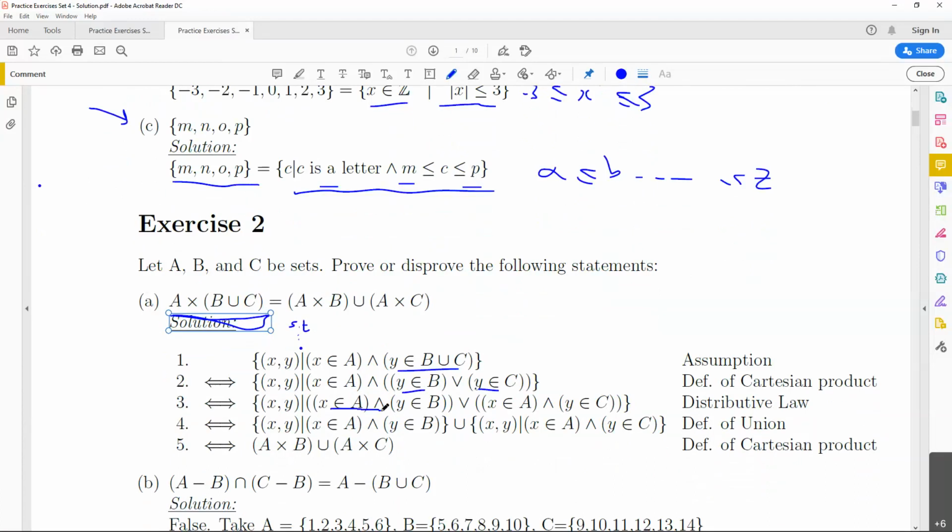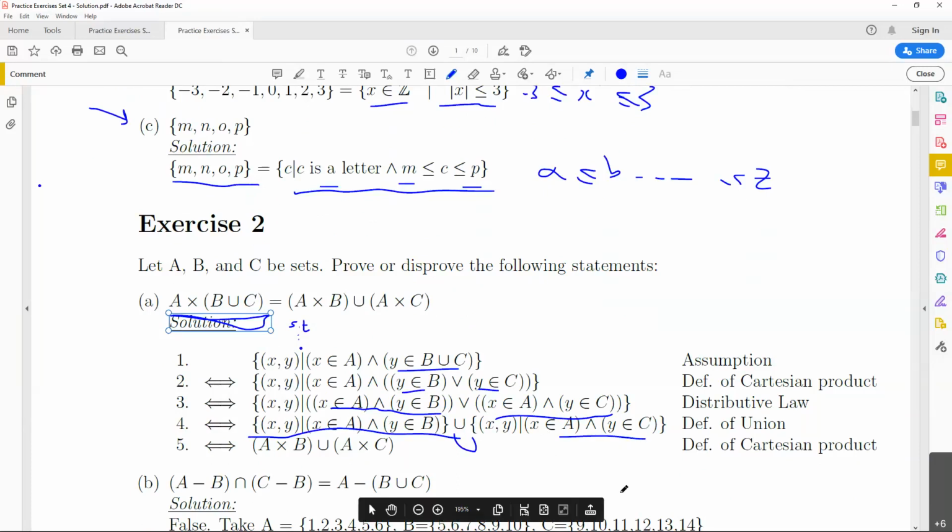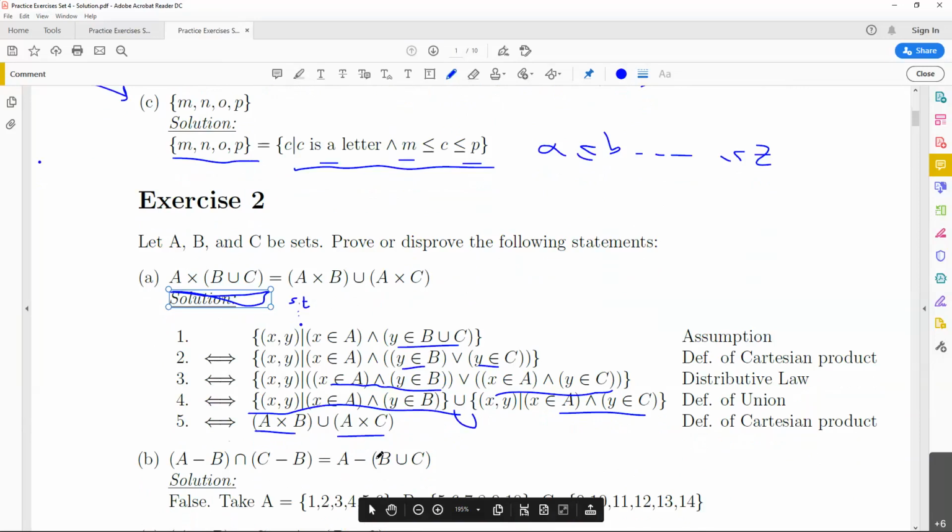So x is in A and y is in B, or x is in A and y is in C. But you can break this down into two different sets now. So the first one, x in A, y in B, union the other set. So it's A cross B union A cross C. So yeah, they're equivalent, and it makes sense.